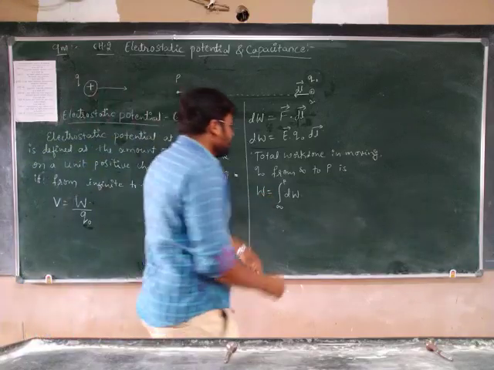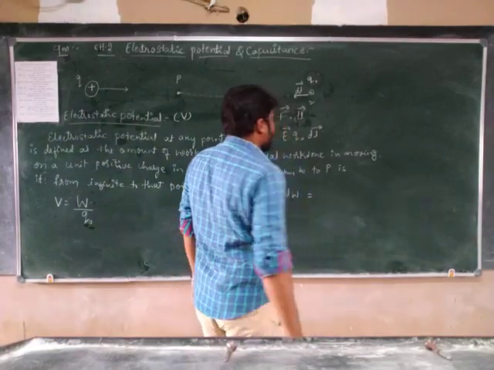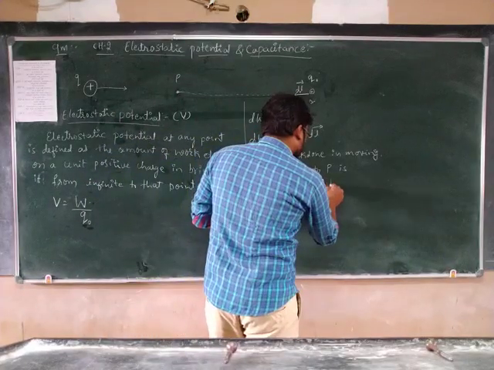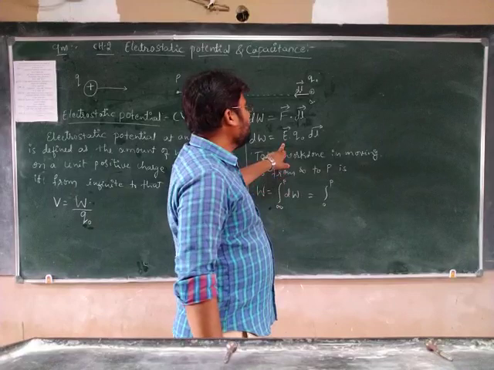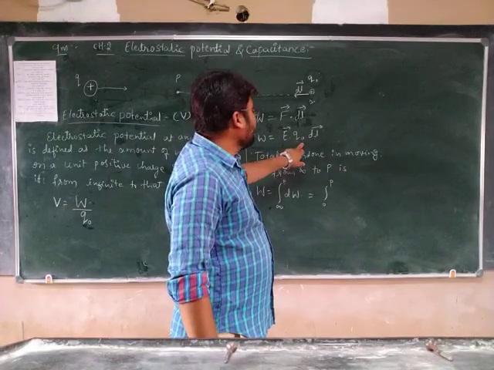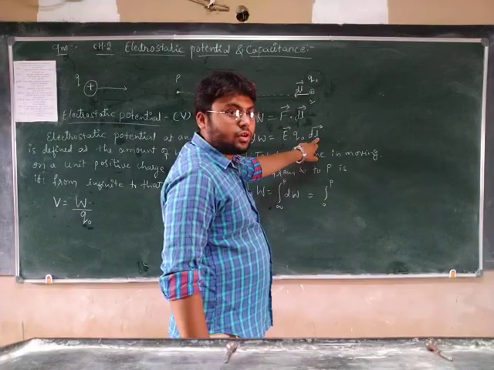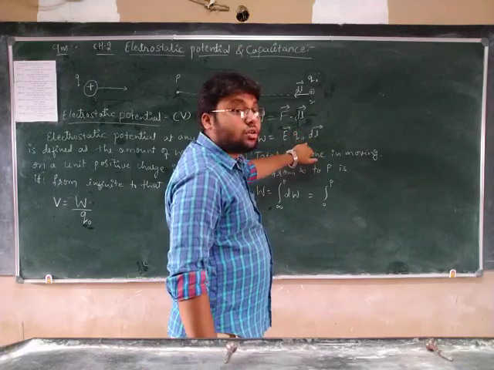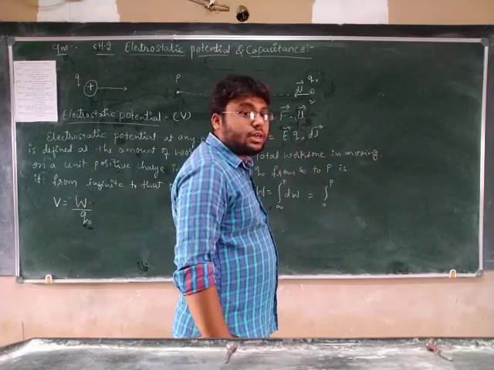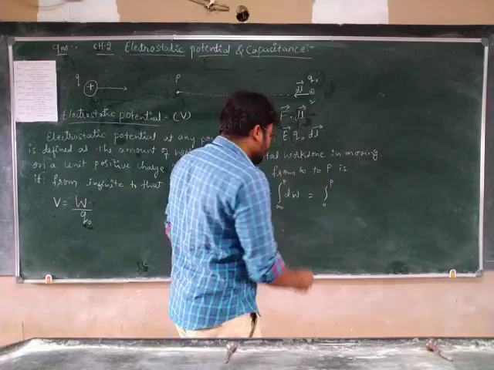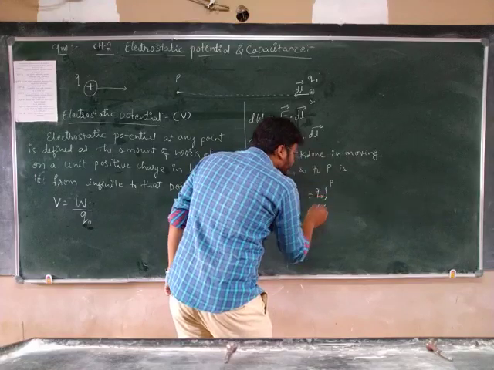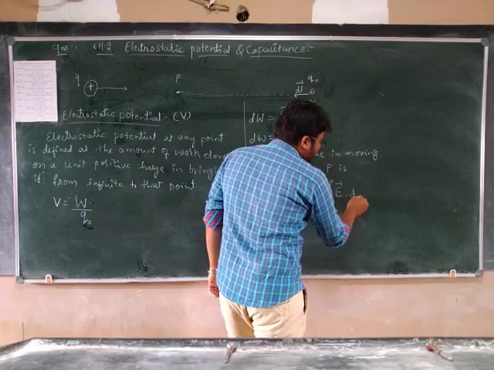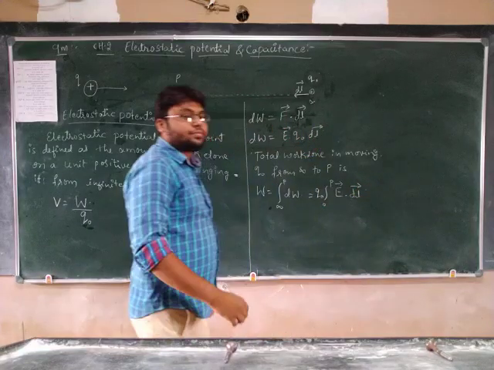So now this equals, from infinity to point P, dW, which means vector E Q naught dl. Here Q naught is the unit positive charge, a constant, so we take it outside the integration: Q naught times the integral of E dot dl.